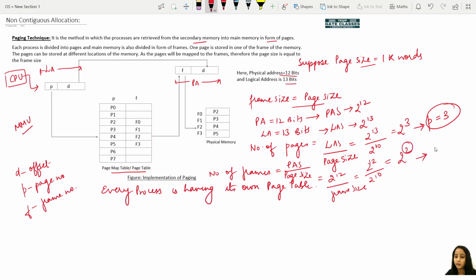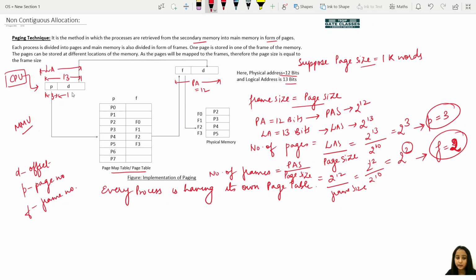From here you get F, that is frame number bits 2. Okay. So what is the value of P here? 3. And the total logical address value is given, 13 bits. And here the physical address is given as 12 bits. Okay. So if it is 13 minus 3, I can find the offset. How much is it?